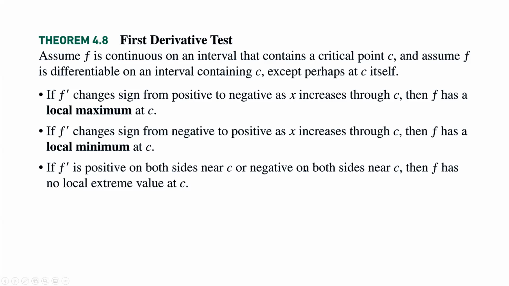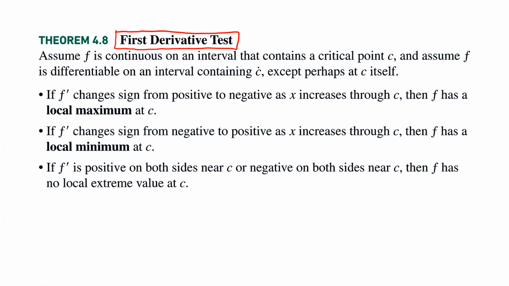Okay, so that's kind of just formalizing what we observed in the graph, but this is what we're going to call the first derivative test. Okay, so in fact, you can use the information that we gathered in that sign chart.